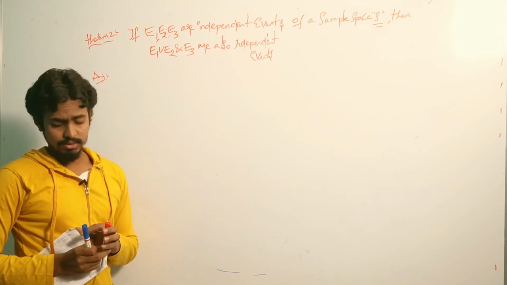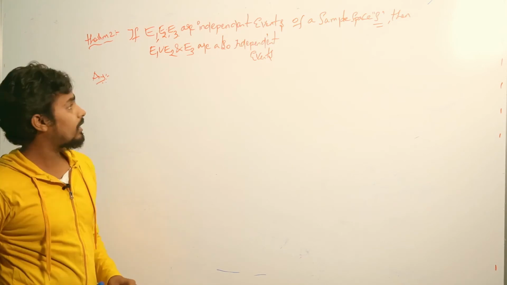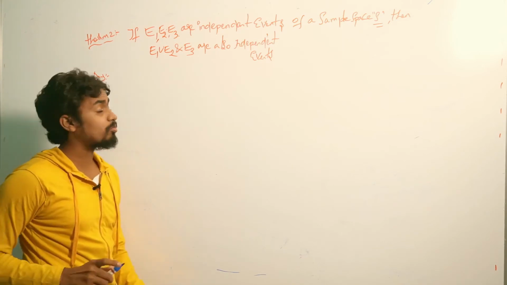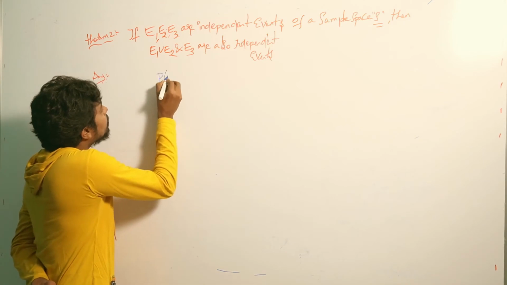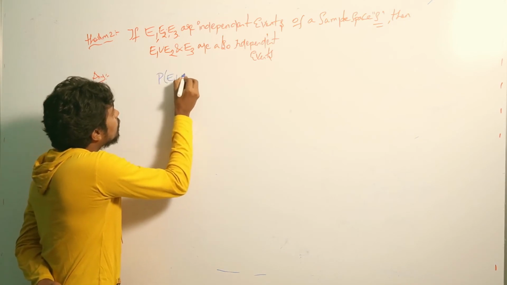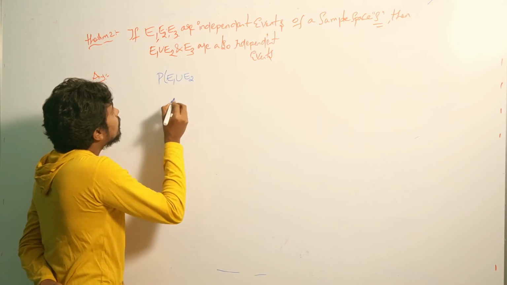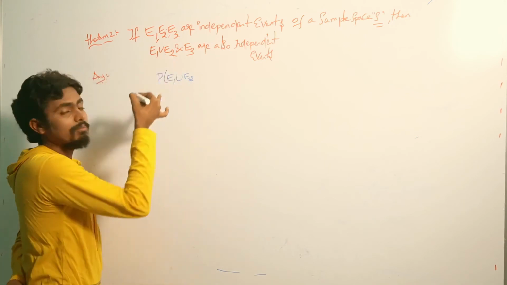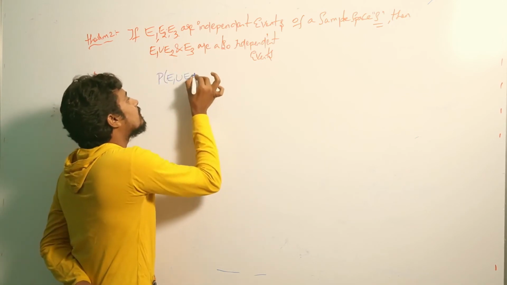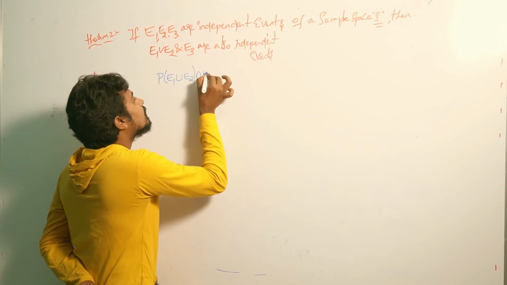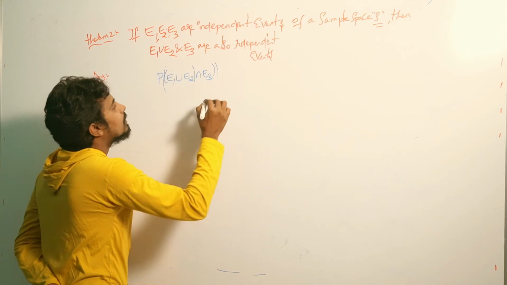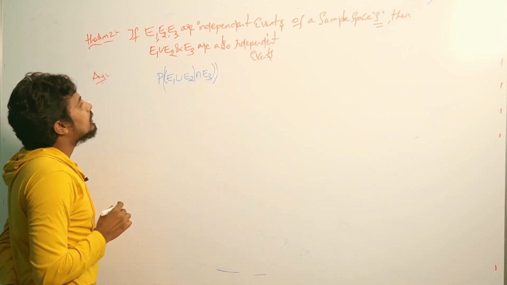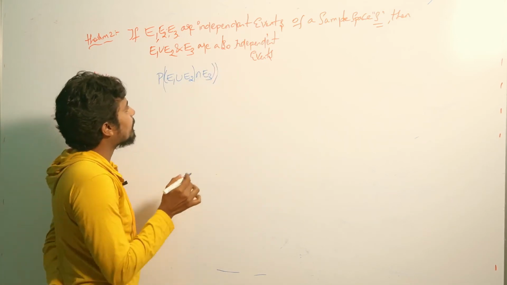If you can see this question here, if you want to apply the probability for this, what we will get? This will be the probability of E1 union E2, and that means intersection, intersection E3. Let's see what will happen.